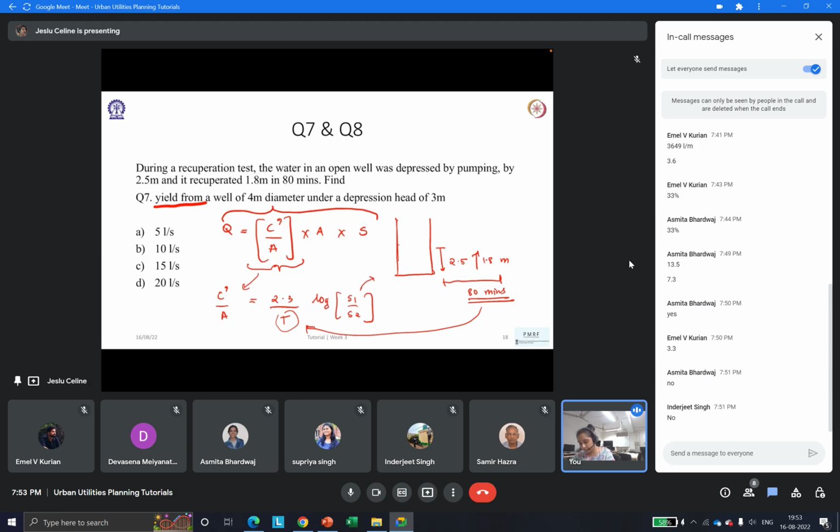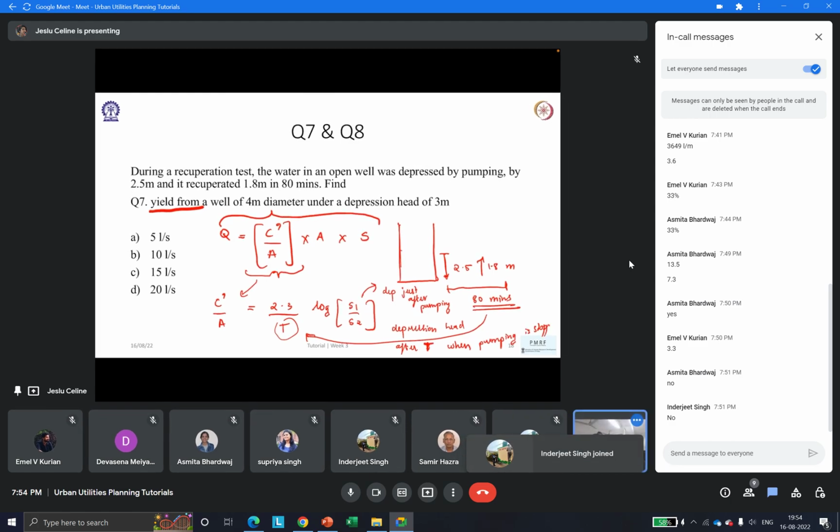S1 is our depression head just after pumping, that is this 2.5. And S2 is the depression head after time T when the pumping is stopped.